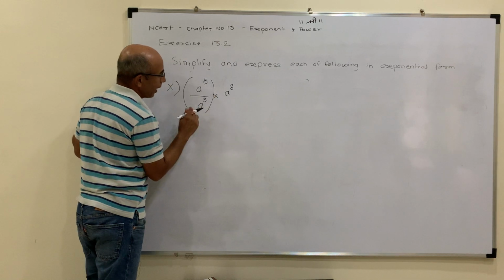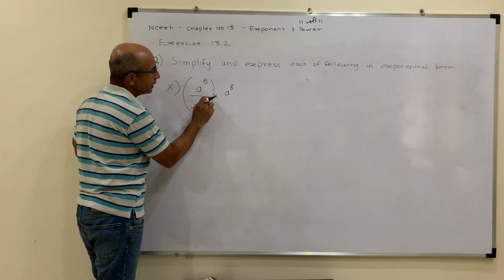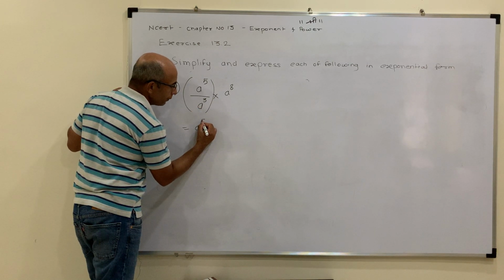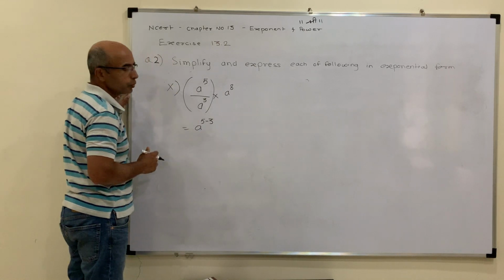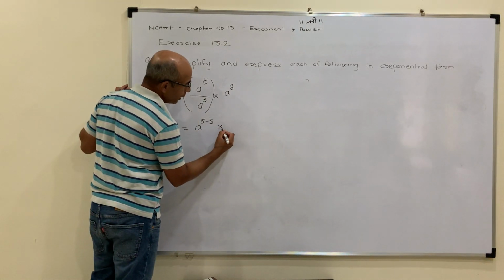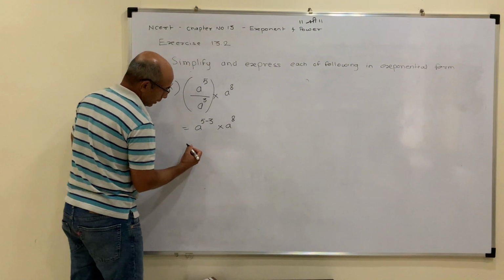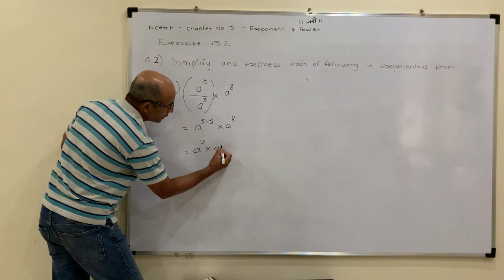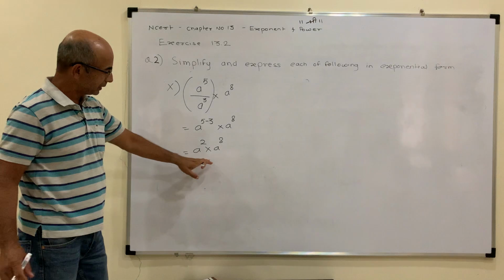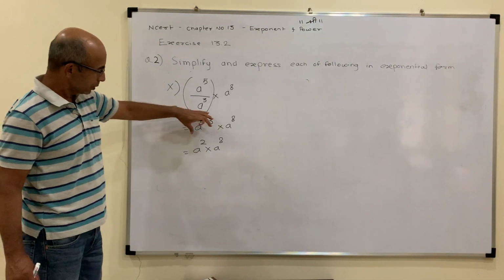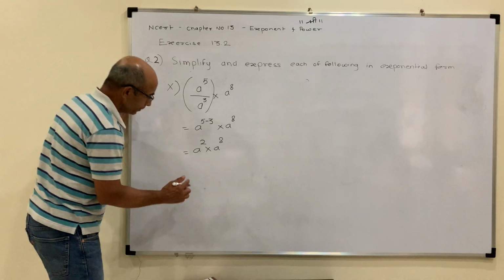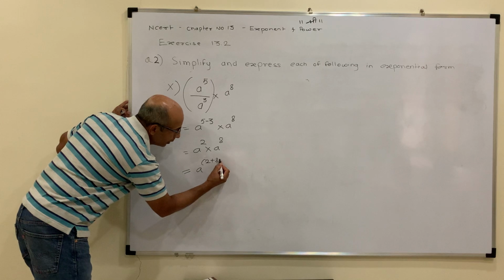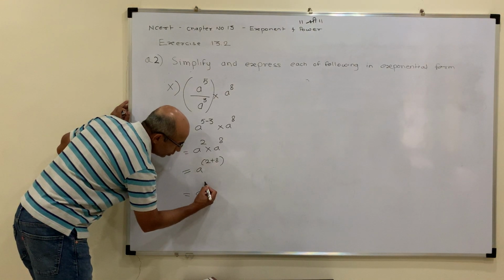So a raised to 5, here my base is the same, operation is division, so the power of the denominator will be subtracted from the power of the numerator. So a raised to 5 minus 3 into a raised to 8. So my answer will be a raised to 2 into a raised to 8. Now my base is the same, operation is multiplication, so the powers will be added. So a raised to 2 plus 8, so a raised to 10.